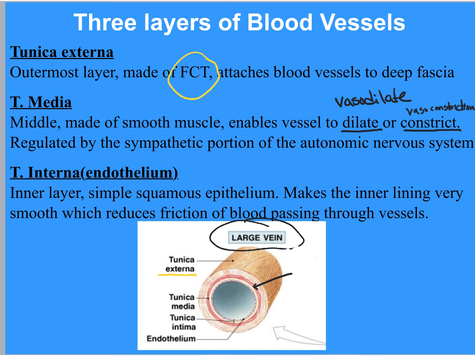But this smooth muscle is going to allow the blood vessels to regulate blood flow to any region of the body. And this helps with things like temperature regulation and gas exchange or regulation of diffusion in capillary beds. We'll talk more about that later.